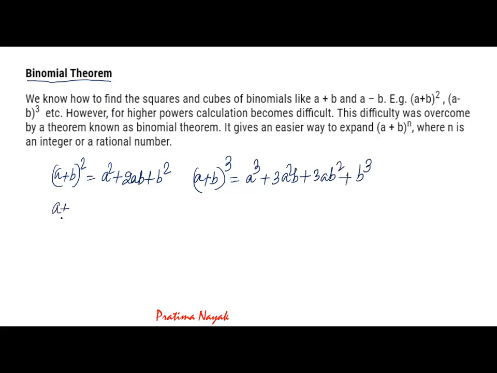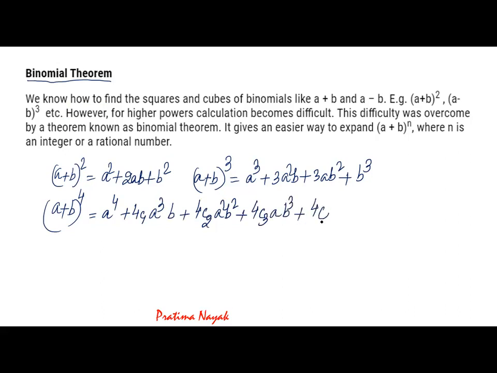Similarly, if you want to find (a plus b) to the power 4, I am applying now the binomial theorem. How is it written? It is written a to the power 4 plus 4C1 a cube b plus 4C2 a square b square plus 4C3 a b cube plus 4C4, that is equal to 1, and b to the power 4.